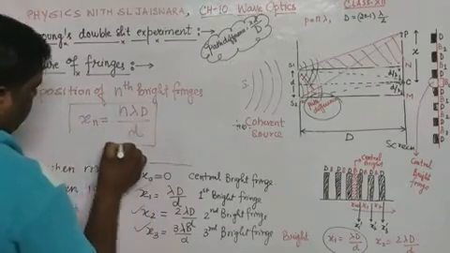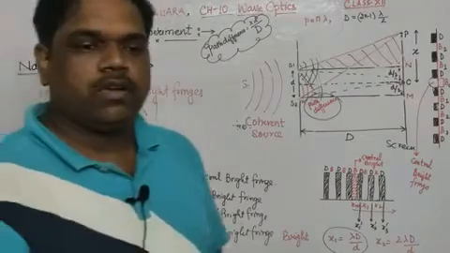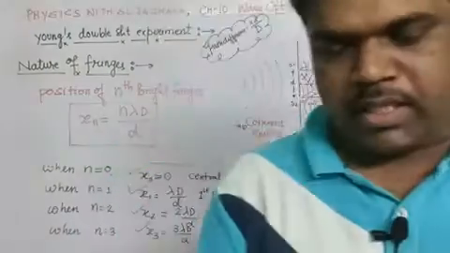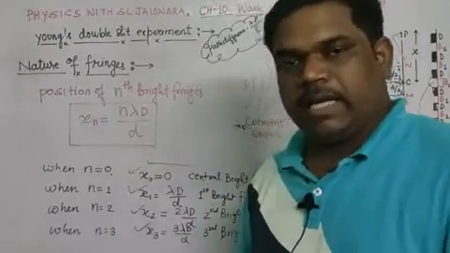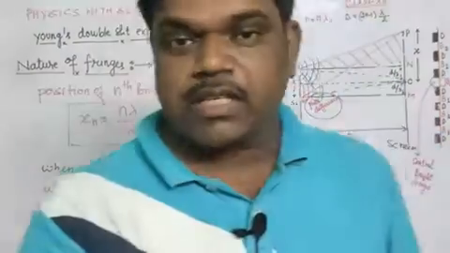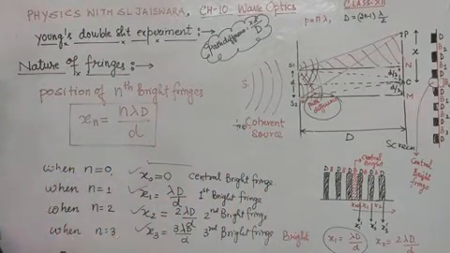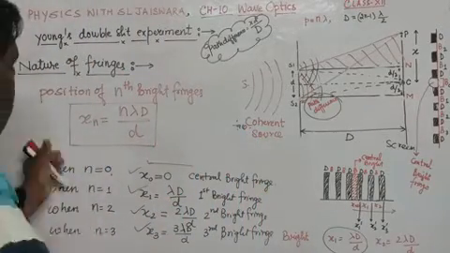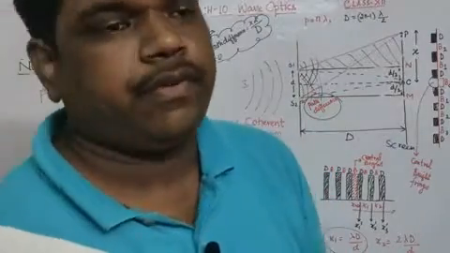This is a very important formula that you are supposed to remember. That is, the position of the nth bright fringe will be n lambda capital D upon small d. So this is all about constructive interference, that is the condition for bright fringes.